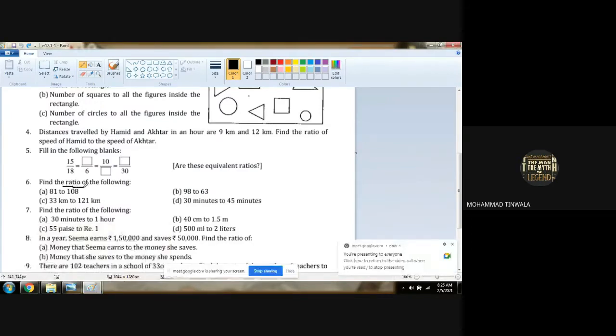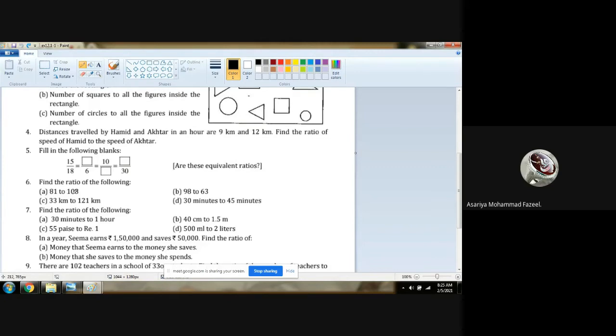What does this word say, Muhammad Fazil? What chapter are we studying right now? It is ratio, not radio. Read fast. Come on. Find the ratio of the following.